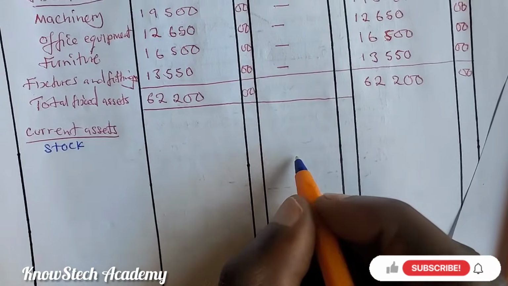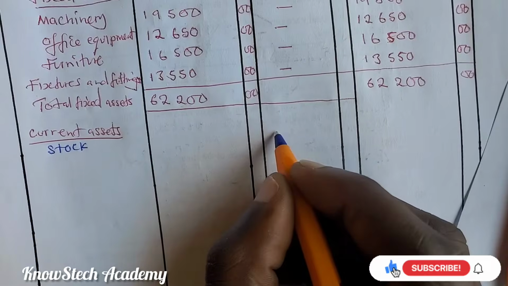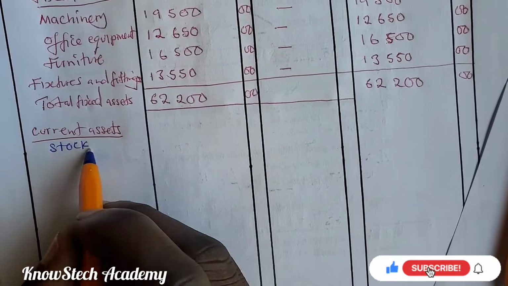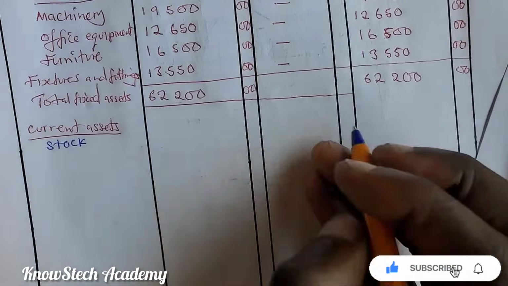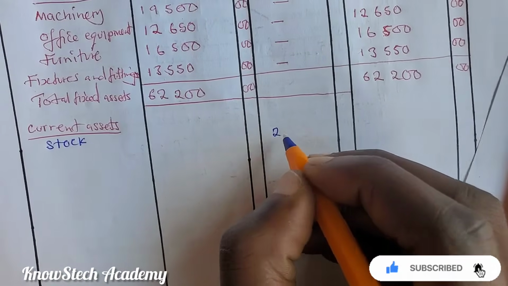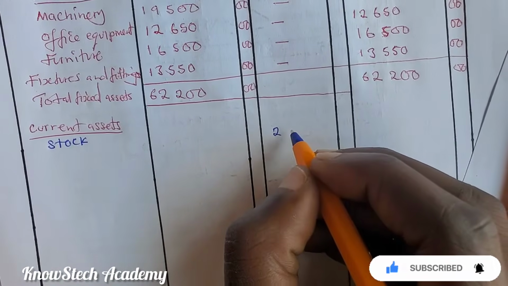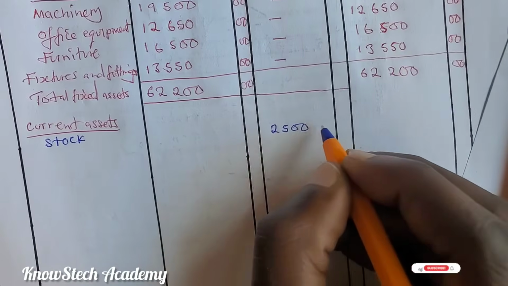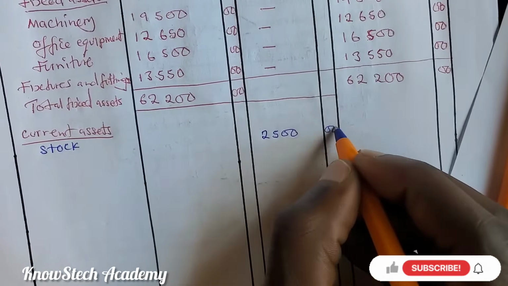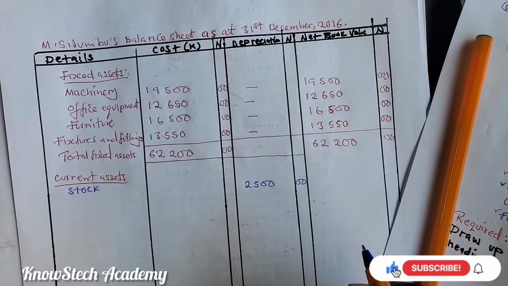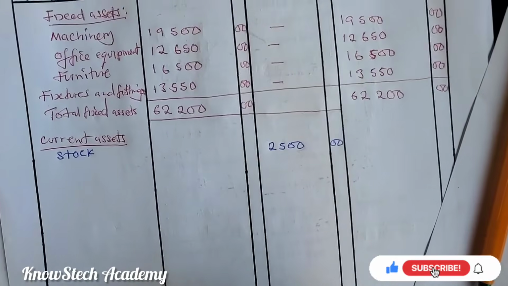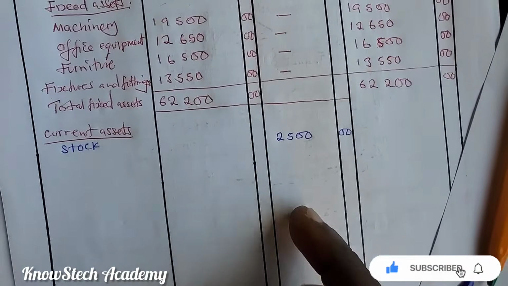So we write in the third column, starting from the first one, second, then third, 2,500. So in the depreciation column, that's where we write the amount.